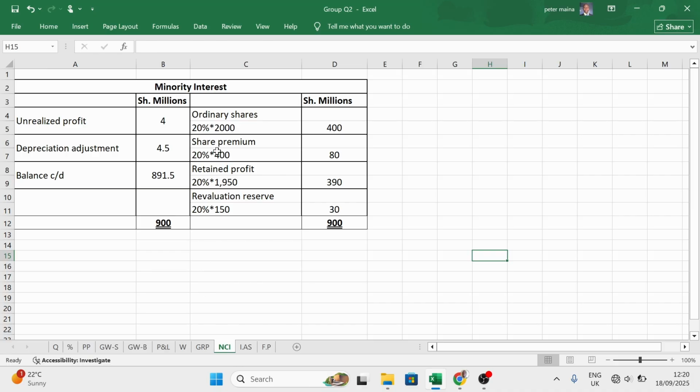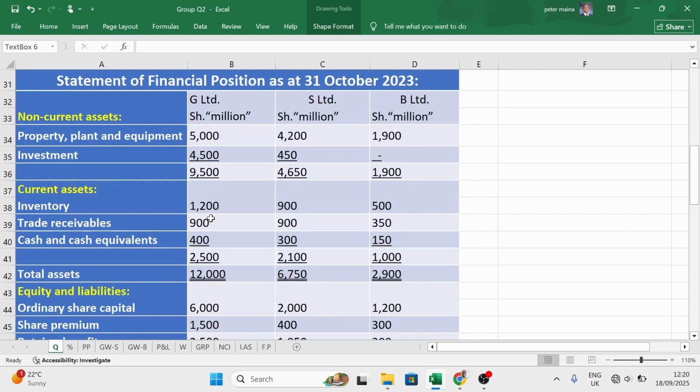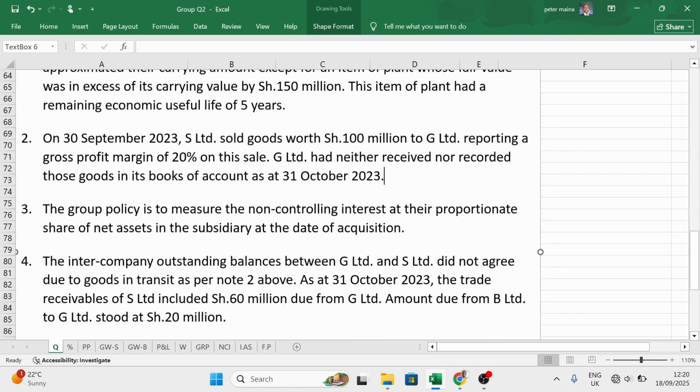We can only use this method. So back to the question, there was a point that was number 3 that said the group policy is to measure the non-controlling interest at their proportionate share of net assets in the subsidiary at the date of acquisition.